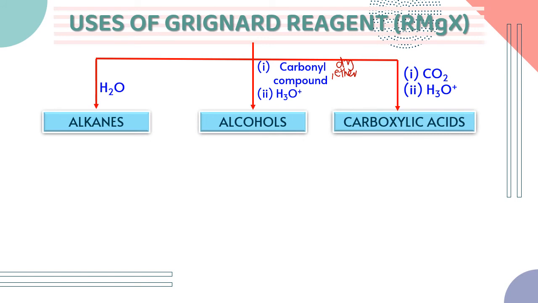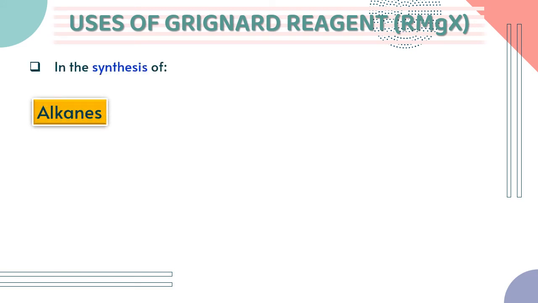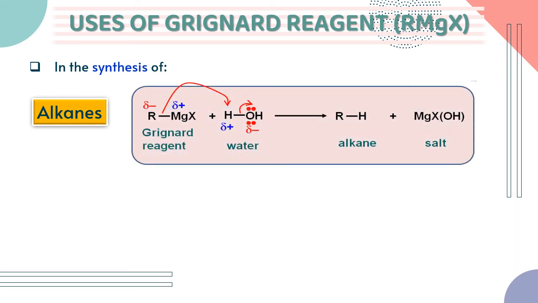So now let's take a look one by one. In synthesis of alkanes, we will have our Grignard reagent react with water. How does the reaction occur? How is the alkane produced? R over here will be partially negative and magnesium will be partially positive.